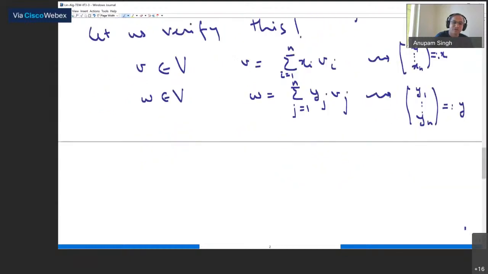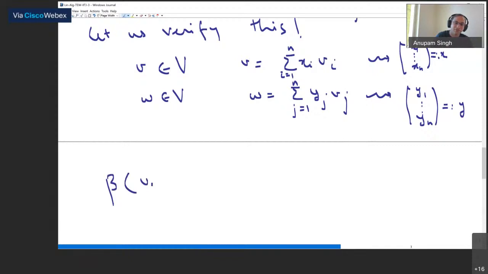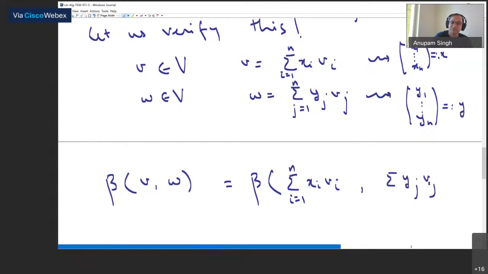We want to compute beta of v comma w, right? So let's write this as beta of the summation over i equal to 1 to n of xi vi, and w is the summation over j equal to 1 to n of yj vj.